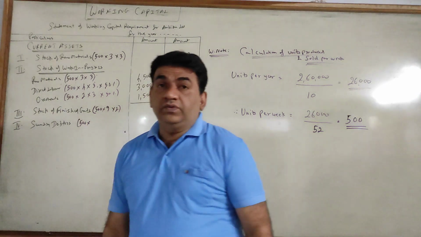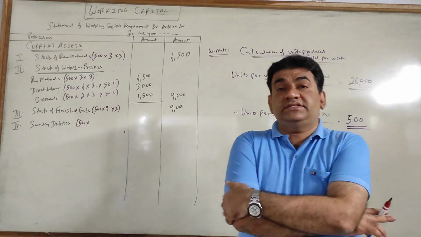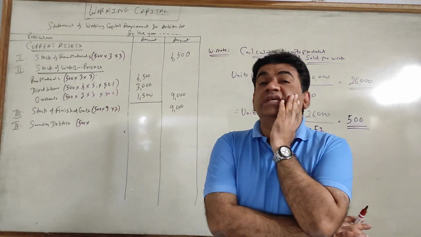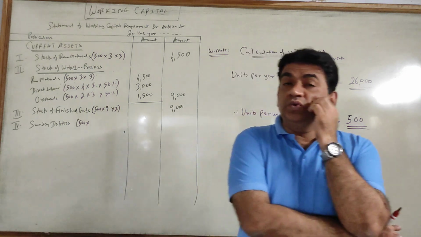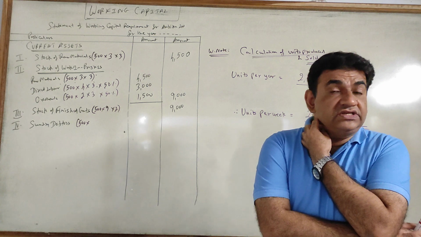500 into. Now when I say debtors, who are debtors? Debtors are the people to whom we sell goods, customers.